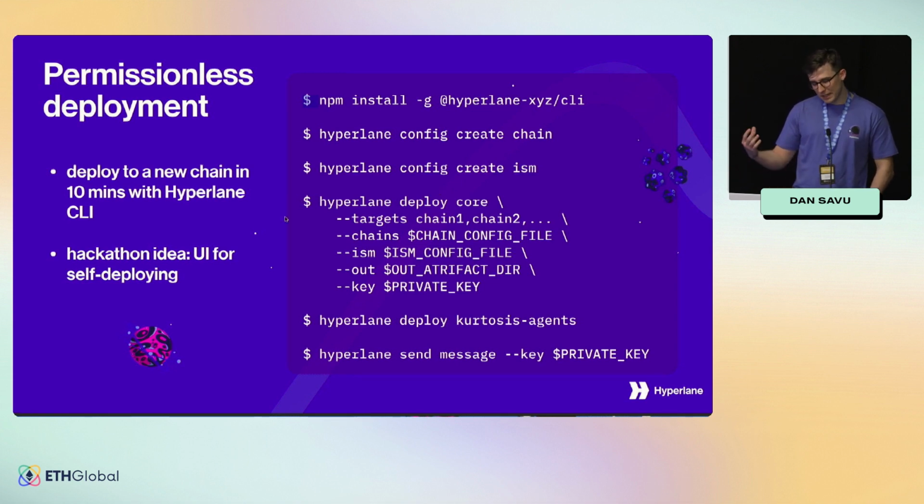You can specify the ISM, the security module you want to use, and if it's a multisig, it's going to ask you for the list of signers and the threshold. And then that's all. You're going to have some output JSON files with the configurations you just created, and you run the deploy command with the target chains, the files you just created, and a signer key. And it's going to deploy all the contracts to all the chains you specified.